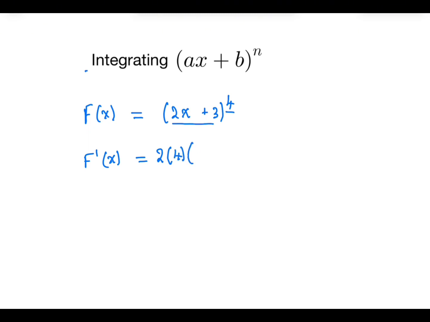All of this into 2x plus 3 all to the power of 4 minus 1, which is 3. So the derivative of the function f prime of x is equal to 8 into 2x plus 3 all to the power of 3. Now, what does it imply?